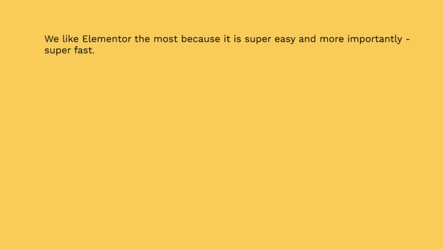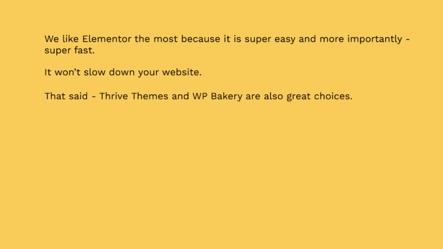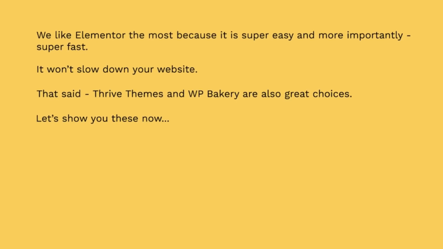When we've tested things, we found that Elementor has a lot of features, but it doesn't have a lot of coding. So it runs really, really fast and it won't slow your website down. With that said, Thrive Themes and WP Bakery are really, really good choices. So let's go ahead and hop on over to those websites and show you these in action.